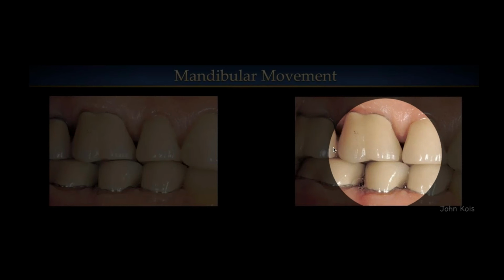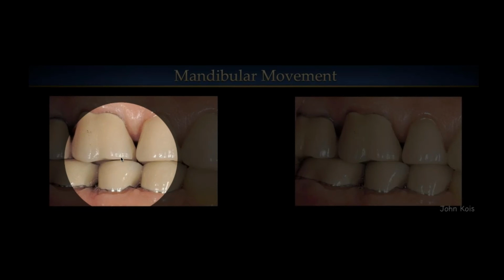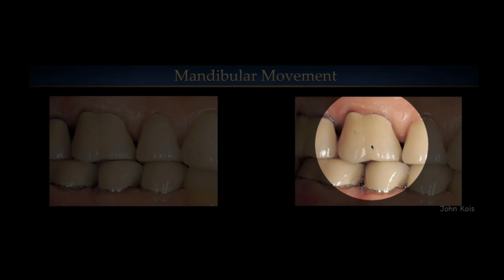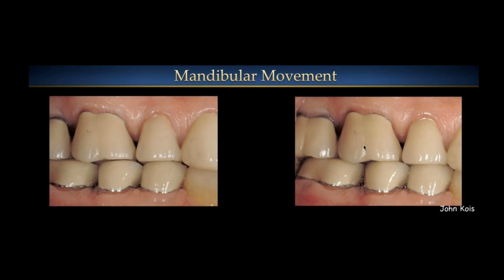And this is really important for us because let's pretend that you're restoring that upper first molar. Well, based on this first point of contact, you have more restorative space. But when the patient bites down, they hit that home position and then they squeeze the rest of their teeth together. Your restorative is now in the way. It doesn't feel right. And that's the term that the patient uses. It doesn't feel right.